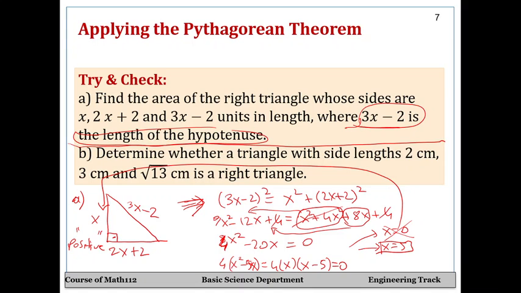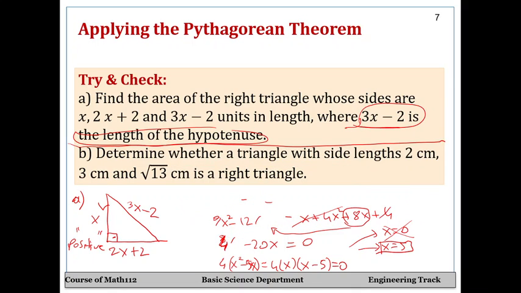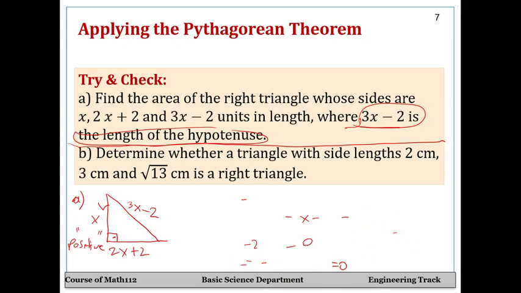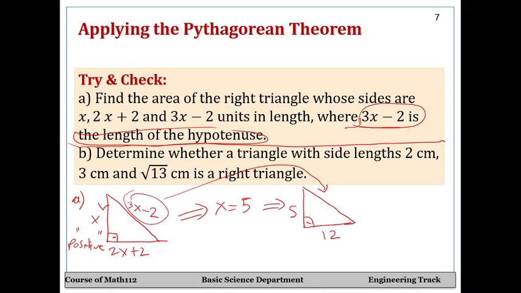Now that we got x equal to 5, we can place it in, and our triangle is this: 2 times 5 plus 2 is 12, x is 5, and this one is 3 times 5 minus 2, which is 13. So we have this triangle.